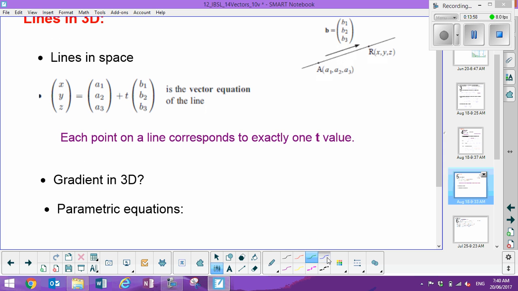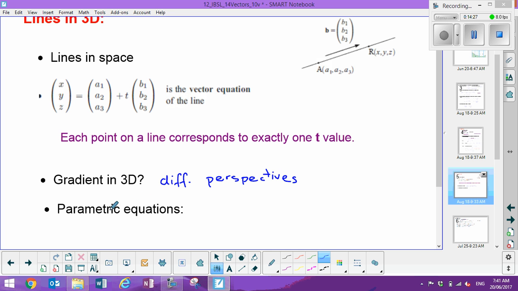When you're talking about gradient in 3D, we can't just go rise over run, because it's from what perspective. Certainly any line in space has got a slope on it, but it's not as easy to define in 3 dimensions. It's got different perspectives.